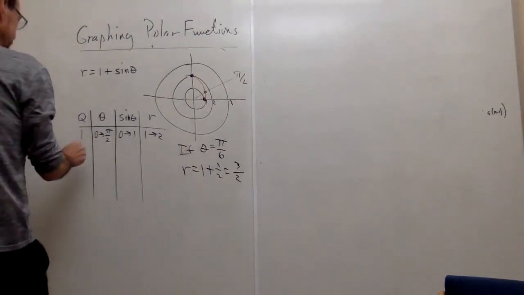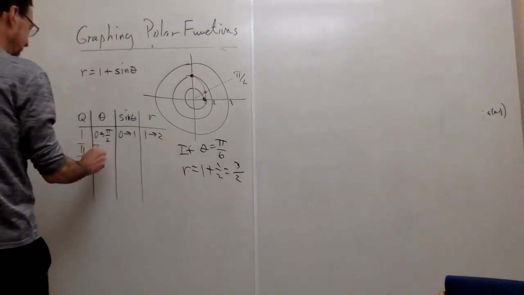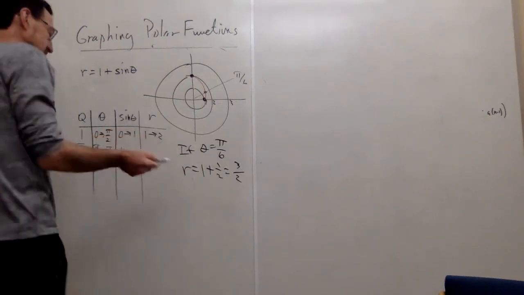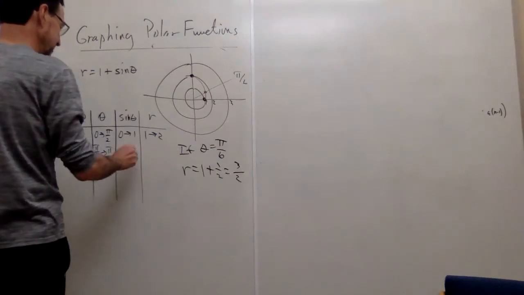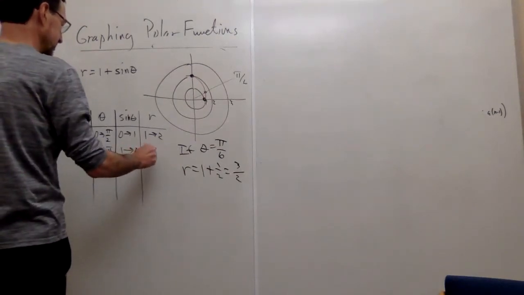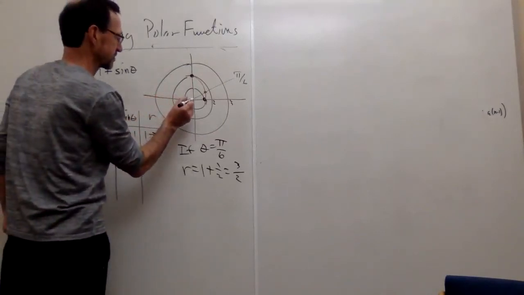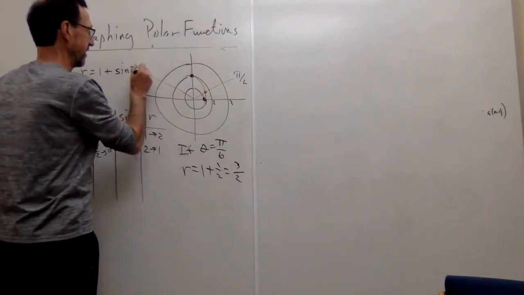All right, quadrant 2. Theta goes from pi over 2 to pi. Sine goes from 1 back to 0, just retraces its steps. Back to 0. And therefore, R goes from 2 back to 1. So basically, I don't think we need to do any calculations. It just retraces, although we're in quadrant 2 now. So this would be the angle 5 pi over 6.